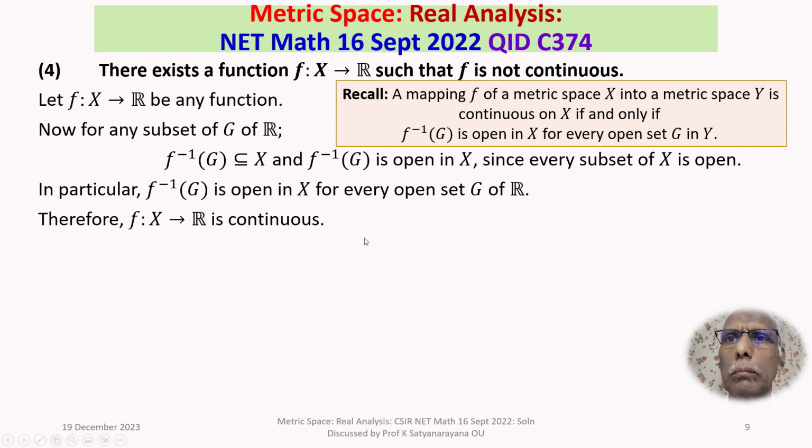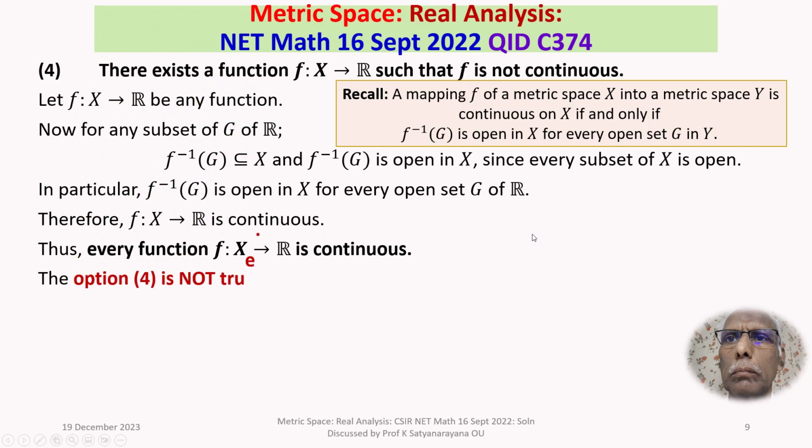Therefore, every function f from X to R is continuous. So option 4, that there exists a function f from X to R such that f is not continuous, is not true, because every function f from X to R is continuous. Thus, option 4 is not true.